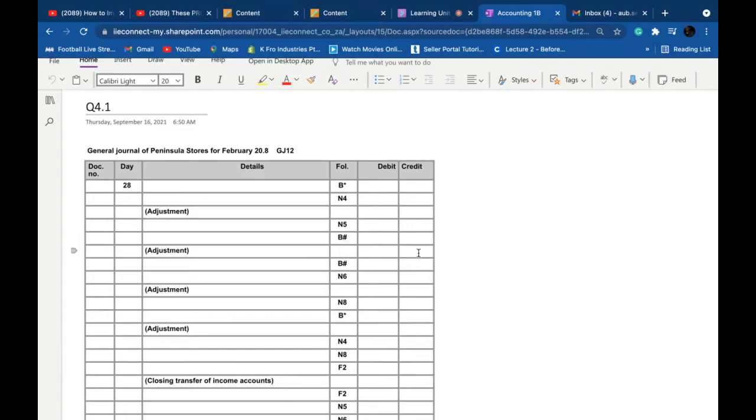And depreciation, things like that. And then obviously also we need to then, after having done all those adjustments and amendments, right? We then need to produce our post-closing trial balance, and then also we need to produce our financial statements. So unit 4 is all about those adjustments, okay? Right, okay. Just a quick recap there. All right, let's get into the rest of the question.